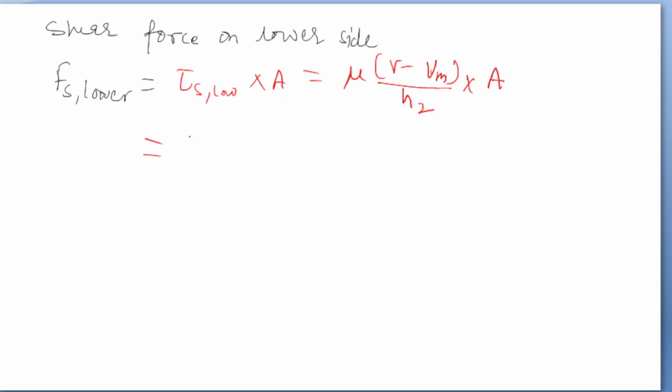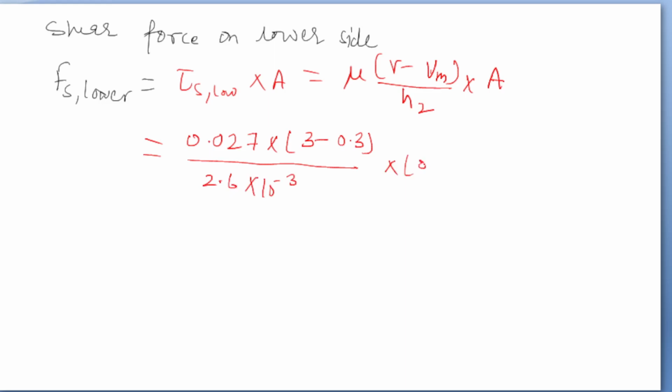If we substitute the values, this is 0.27 into (3 minus 0.3) divided by 2.6 into 10 to the power minus 3 into 0.3 into 0.3, we get 2.52 Newton. This is the shear force on the lower side.